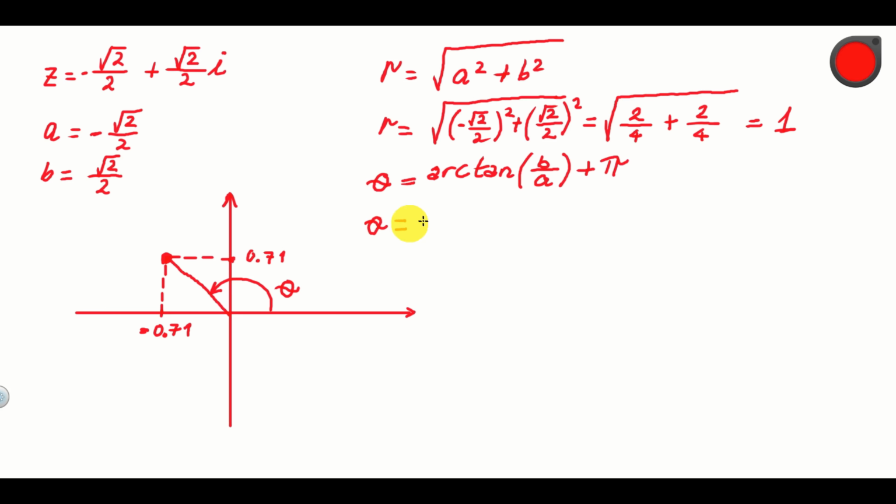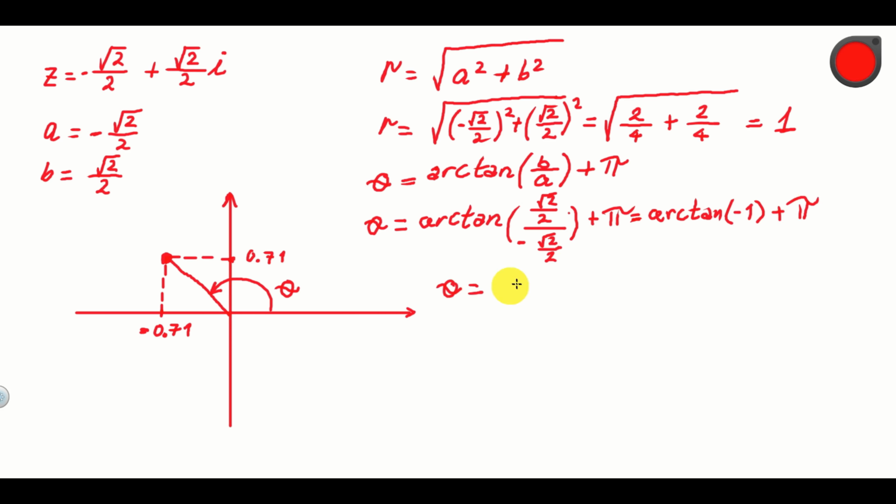We will have theta is arctan, b is square root of 2 divided by 2, and a is minus square root of 2 divided by 2. And let's close the parentheses, plus pi. Consequently, over here we will obtain arctan of minus 1 plus pi.